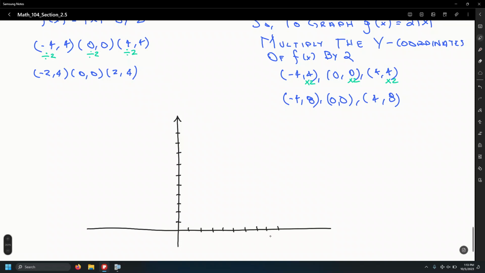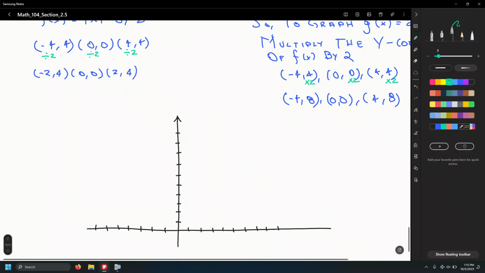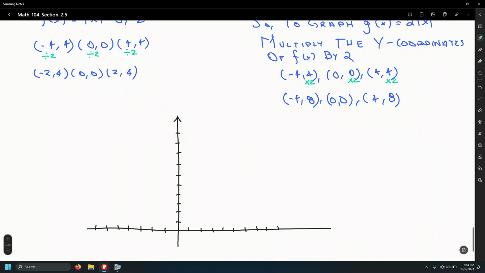Oh, I need one more, right? Oh, that's fine. Okay, so let's plot these points. I'm going to use green to plot -2, 4, 0, 0, and 2, 4. So -2, 4, that'll be here, 0, 0, and 2, 4. All right? So that's going to give us this V-shaped graph.